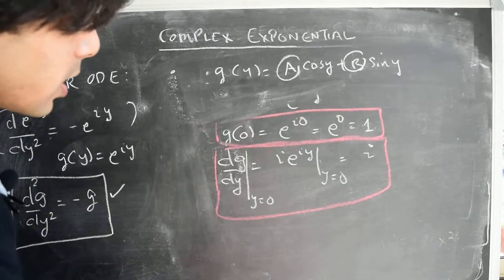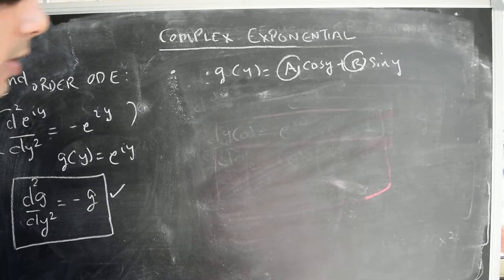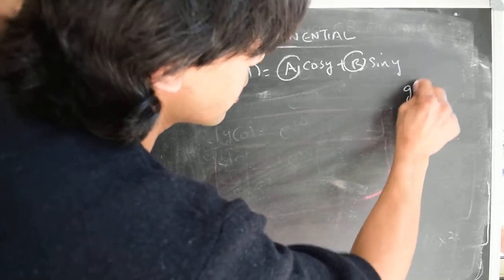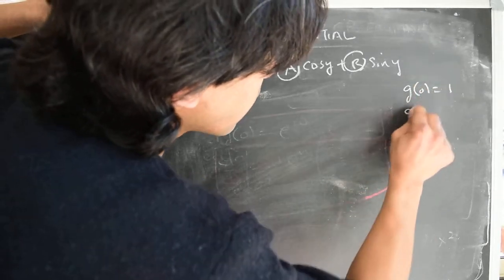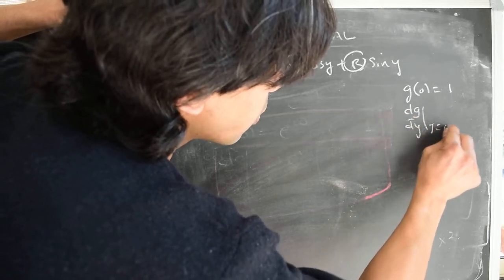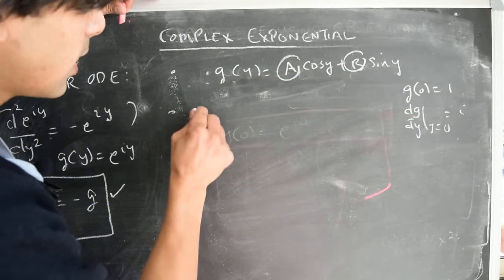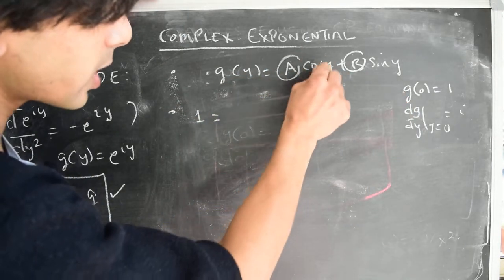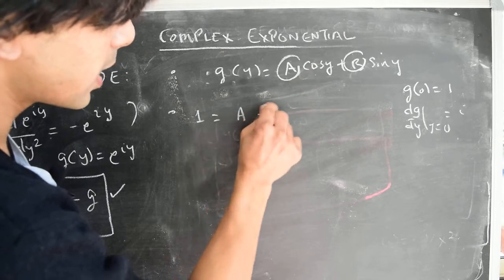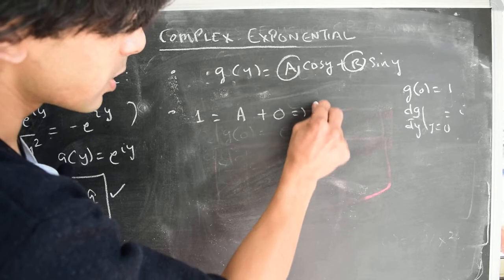So let's plug them into this equation and find out what these constants are. The first condition is that g(0) is 1, and dg dy at y equals 0 is i. If you plug in the first condition, then 1 is a cosine 0, which is a, plus b sine 0, which is 0, and therefore this gives us a equals 1.